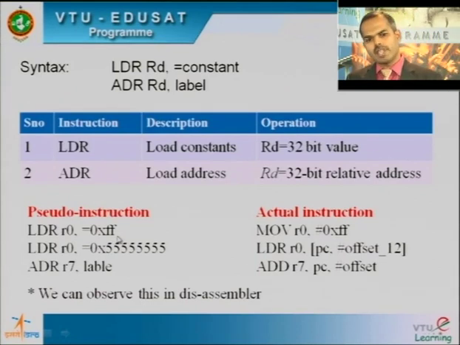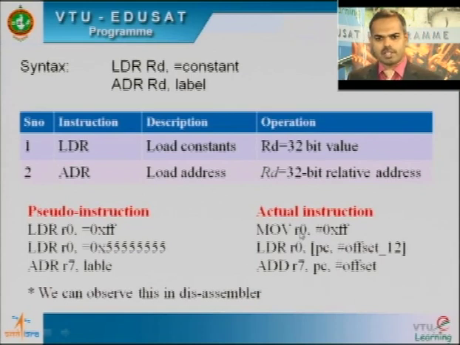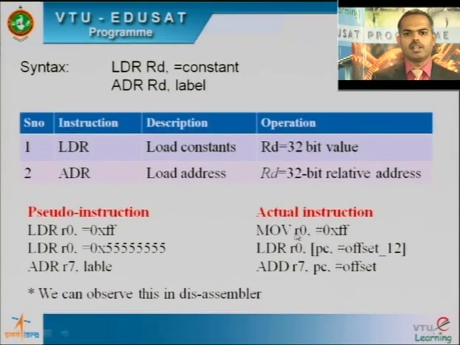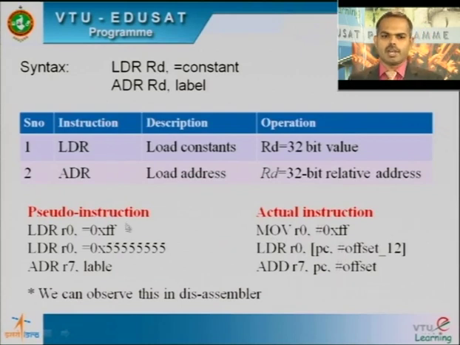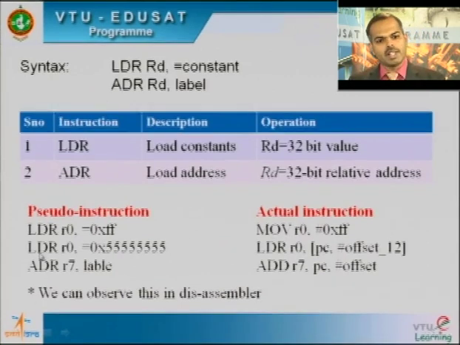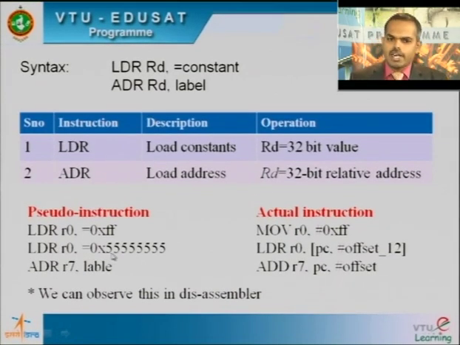That 8-bit value can be moved to register R0 using the MOV instruction. Now, if the immediate value is more than 8-bit, we can still use the instruction LDR R0, =0x55555555, totally 8 5s. Then internally it gets converted to this.